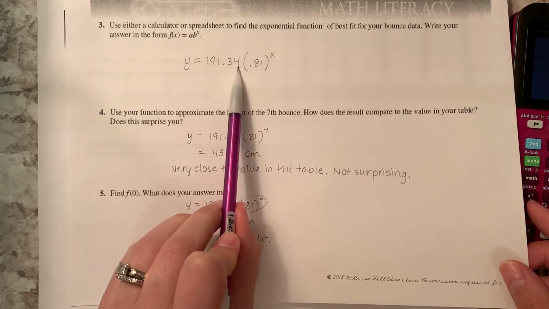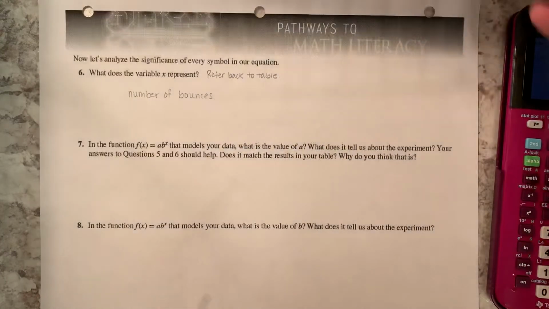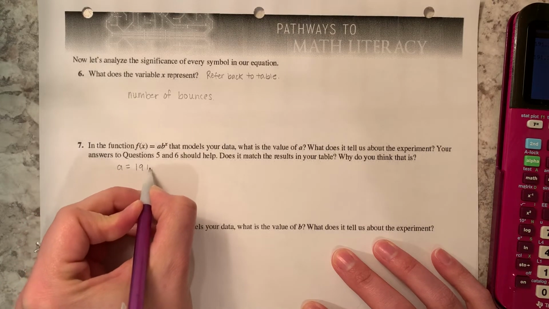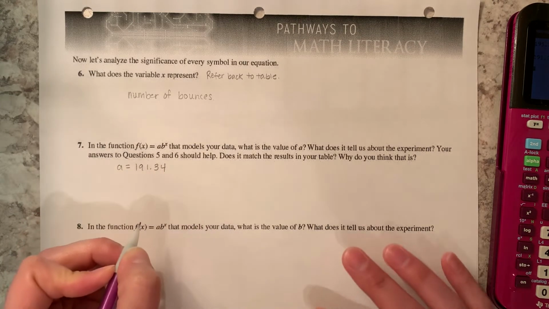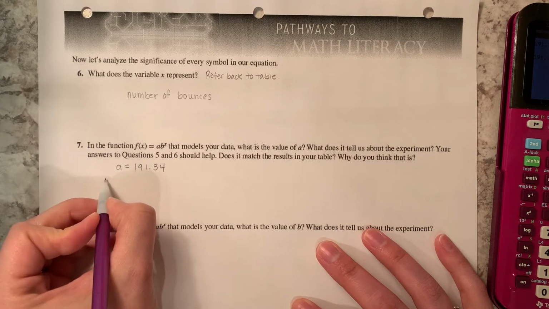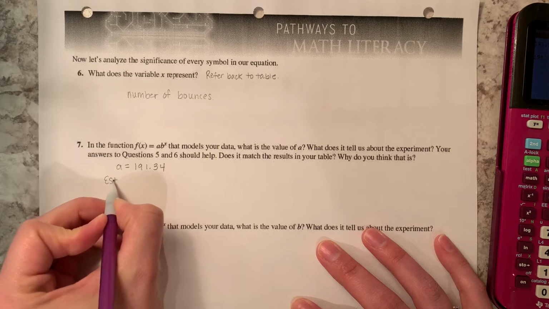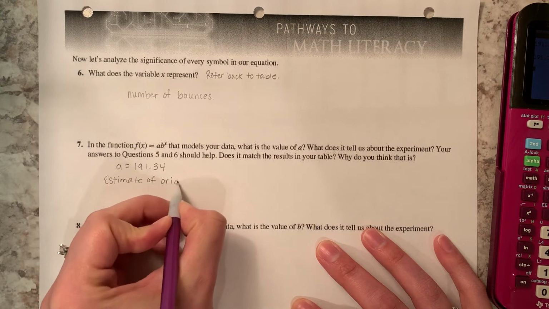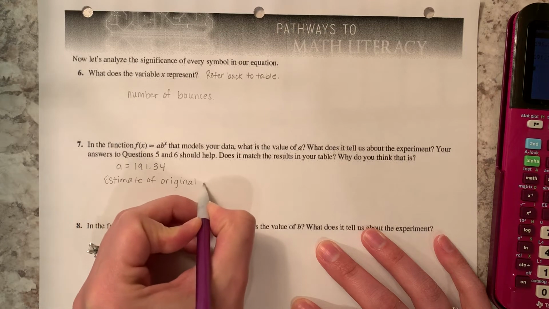And we know that the a value is 191.34. So I'm going to say a equals 191.34, okay? And this is the function's estimate of the original drop height.